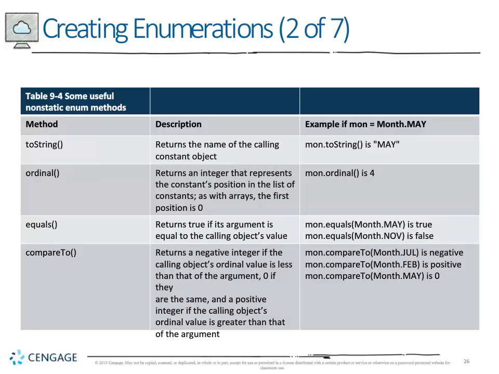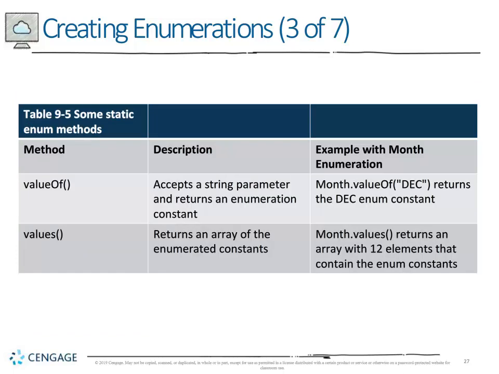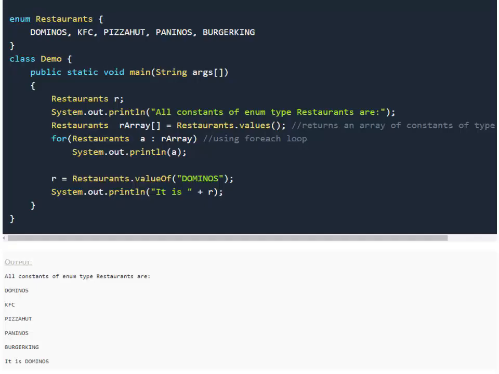There are built-in methods, and each one is non-static, which means we must use them with an enum object. values and valueOf are both static methods of an enum type and can be used to access enum elements. In this example, we have an enum Restaurants that contains the constants Domino's, KFC, Pizza Hut, until Burger King.